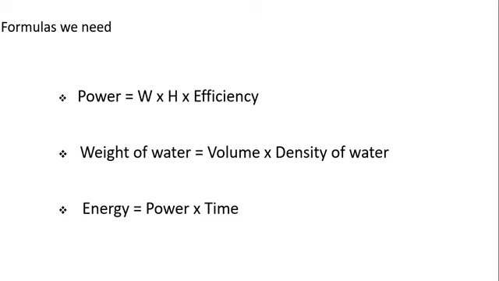Although there is another formula, power equal to Q multiplied by H multiplied by G multiplied by efficiency, in which Q is the flow rate given in meter cube per second, G is the gravitational force, H is the height, and efficiency is the efficiency of our hydel power plant.